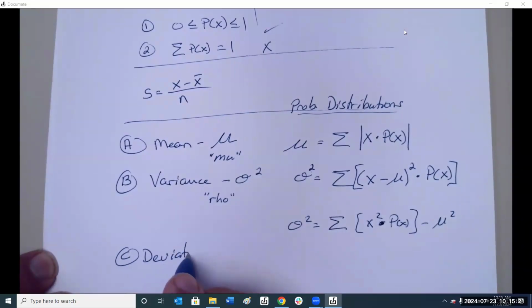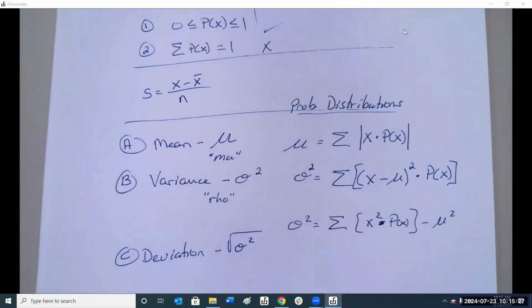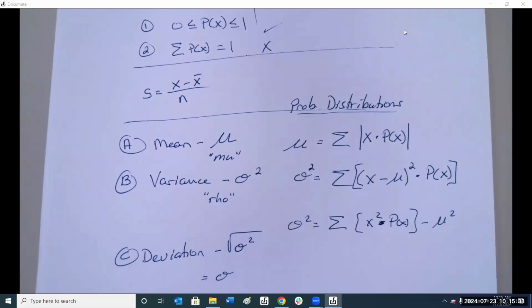Deviation is simply the square root of the variance, which is just rho. So the way we could do it is you either find the deviation first and then square it, you get the variance. Or if you find the variance, you can take the square root of it and that'll find the deviation.